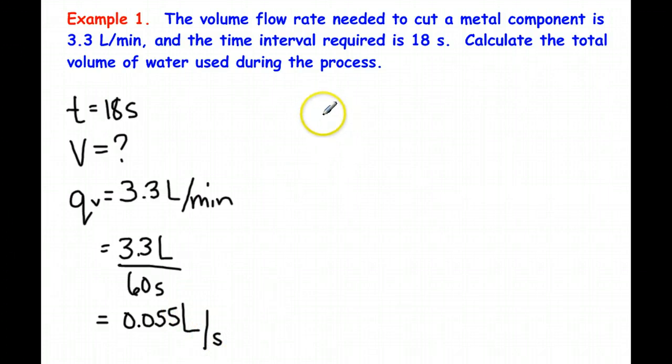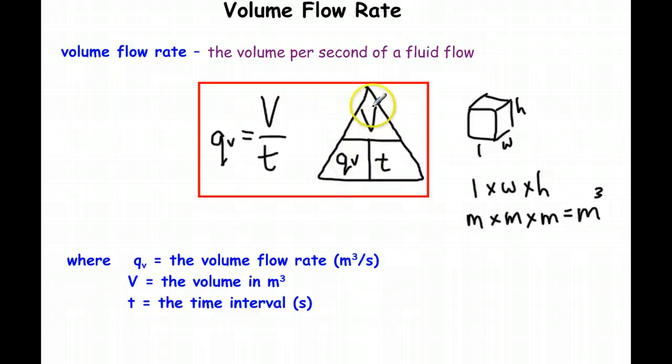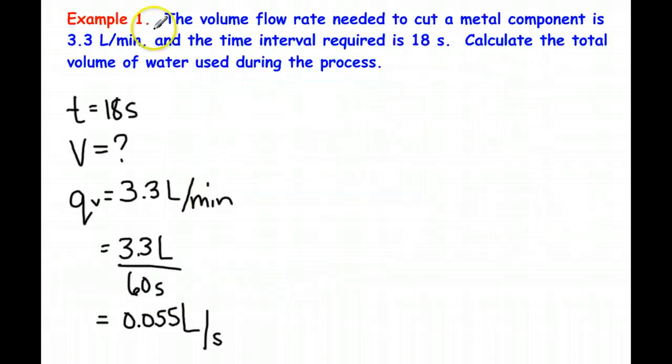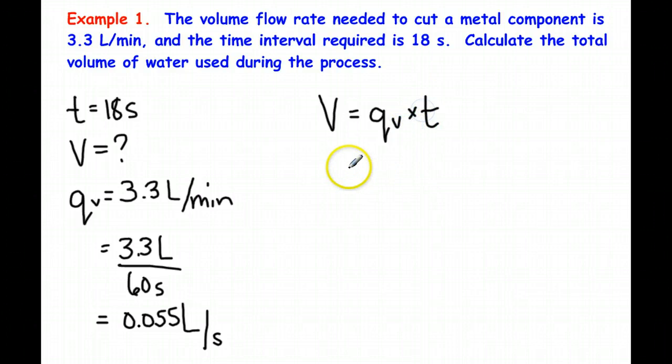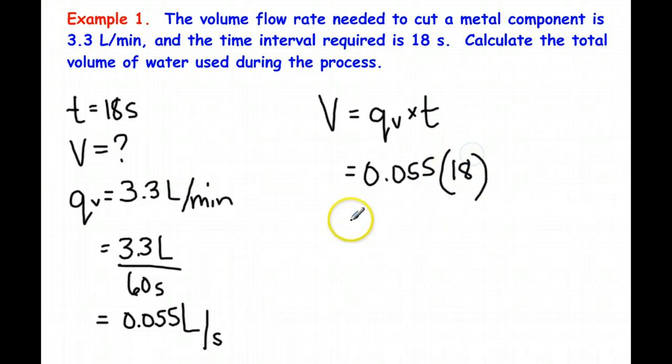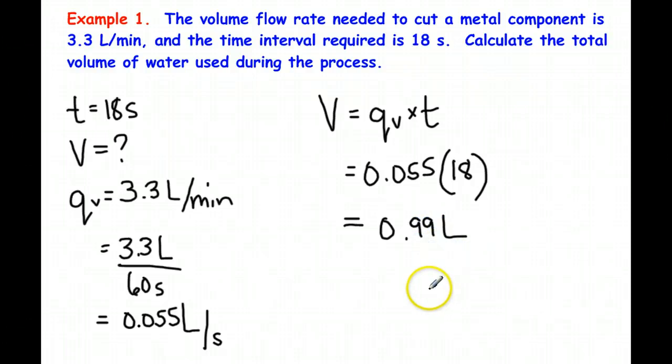And if we put it into our formula, if we go back to our magic triangle, we're solving for V, or volume. Cover up this V, and it tells us that we're going to multiply qv times t. So V is equal to qv multiplied by t. And we end up with 0.055 times time, which was 18 seconds, and we end up with a total volume of 0.99 liters. So that's the total volume needed to cut this metal component.